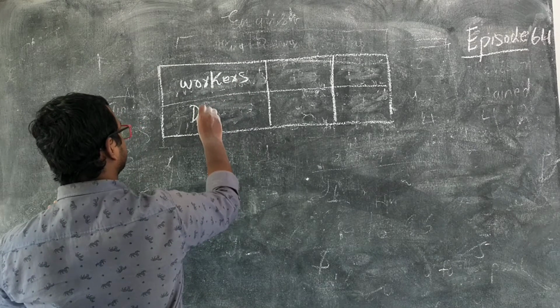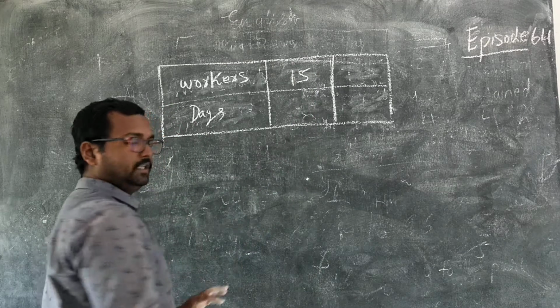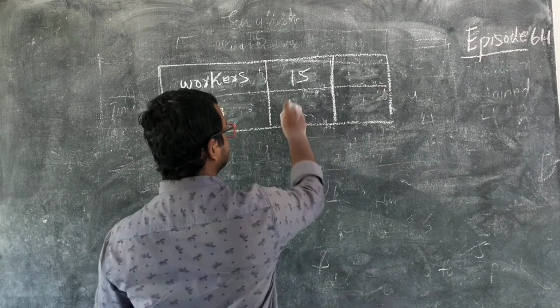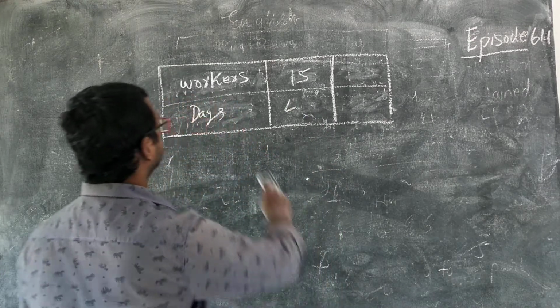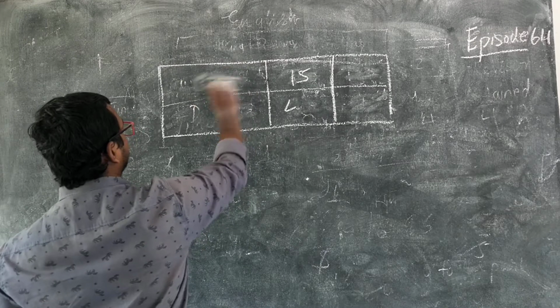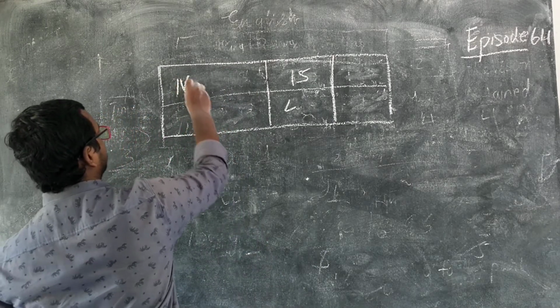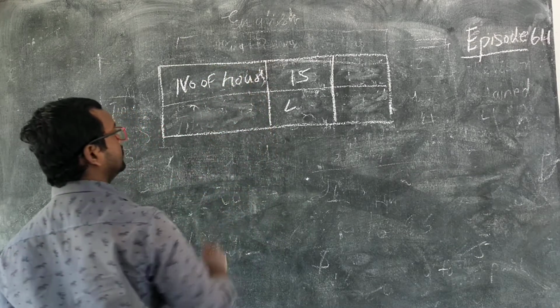And this is days. So 15 workers can complete the work in 48 hours. Okay, time, number of hours. Number of hours, we can put in any order, but I am following the book one.